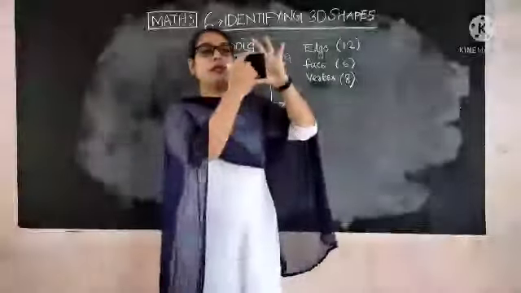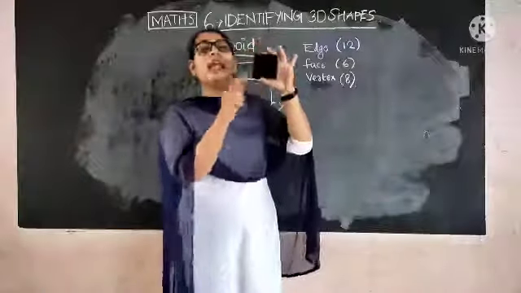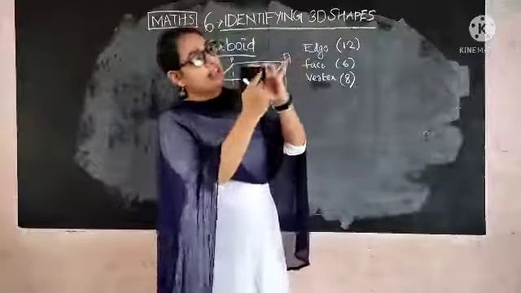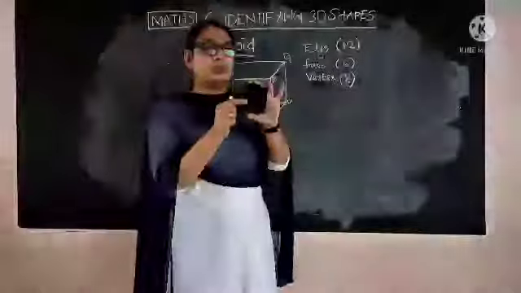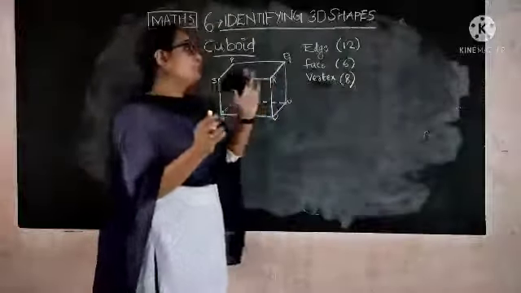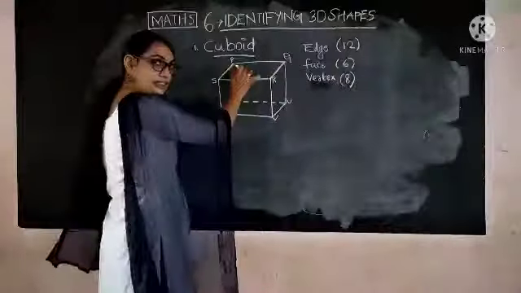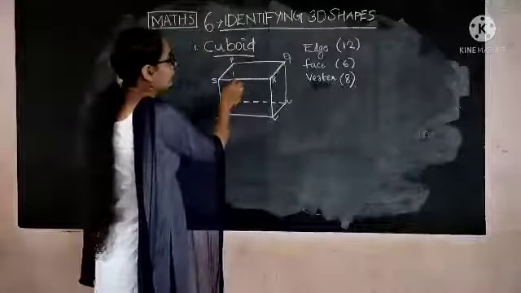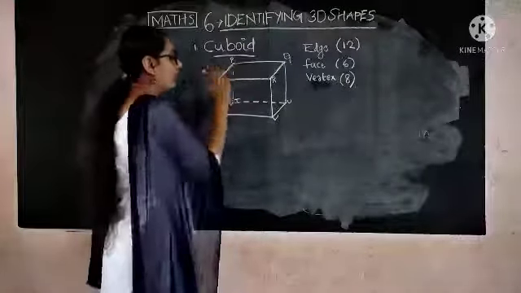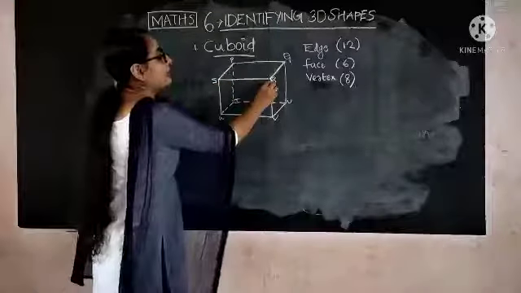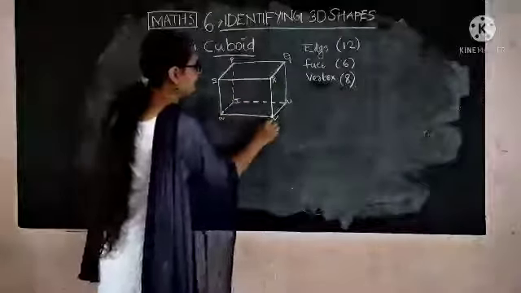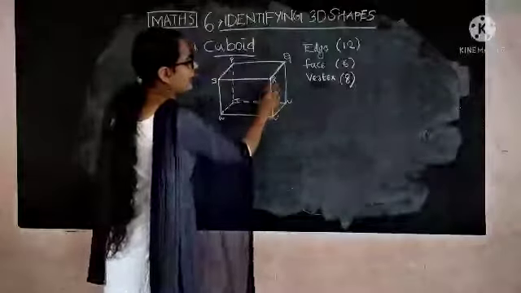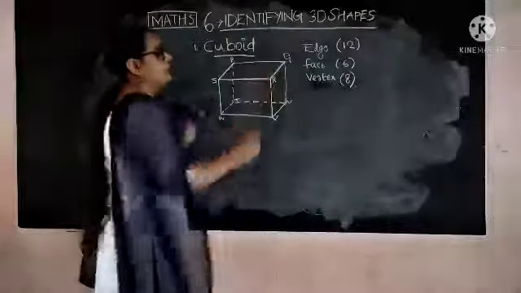So these two constitute 8 edges, right? And 9, 10, 11, 12. So a cuboid has 12 edges. In this figure, we can count as 1, 2, 3, 4, 5, 6, 7, 8, 9, 10, 11, 12.